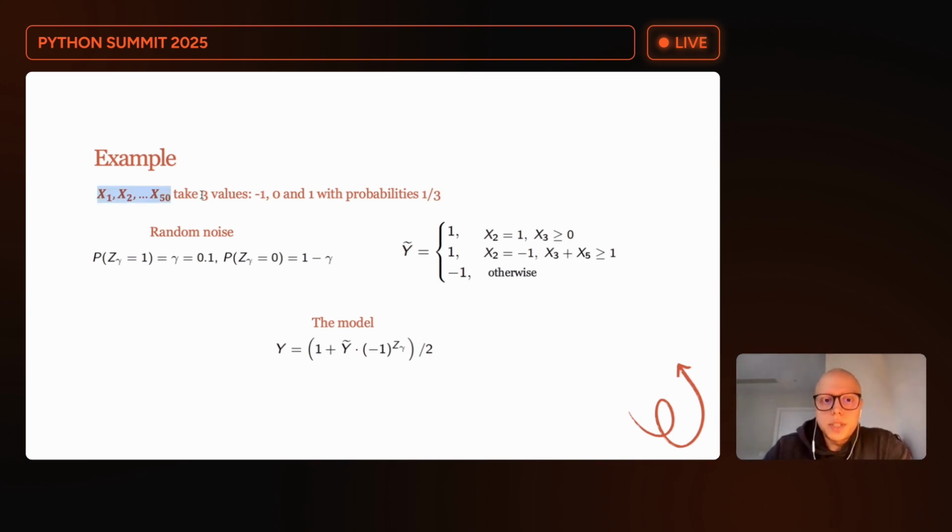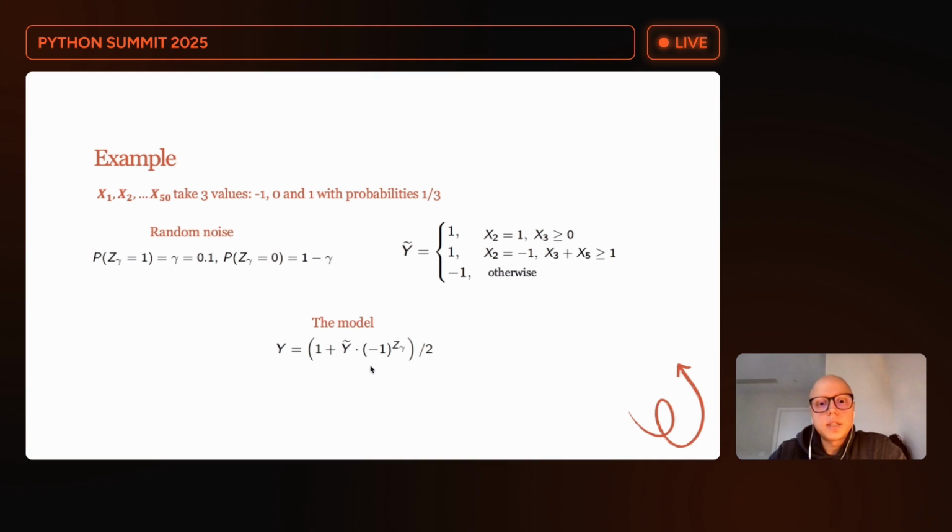Each one of them is discrete, takes just 3 values, and it is also uniform. And you build this, in a sense, perfect formula, a perfect model, and then add some random noise to it.